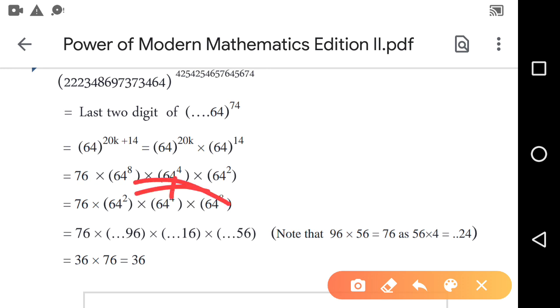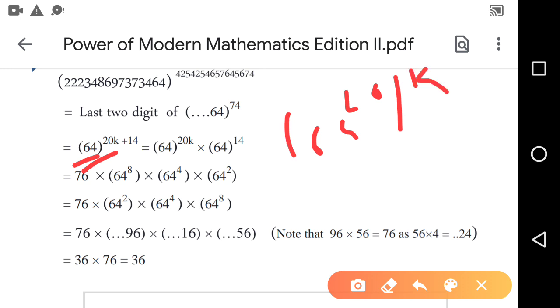In this manner it is rearranged, and 64 raised to 20 ends with 76, and raised to any integer power it also ends with 76, and this ends with 96. So 96 square ends with 16, and 16 square ends with 56.